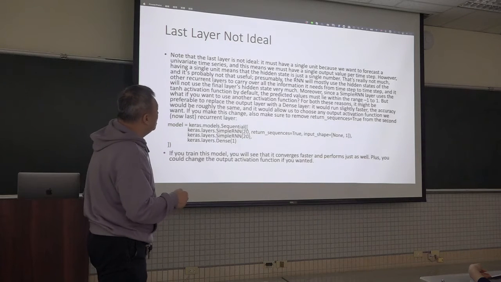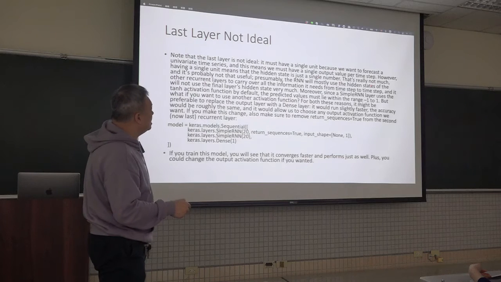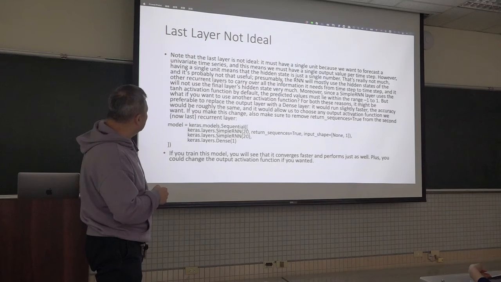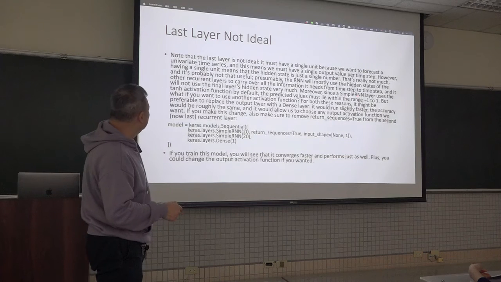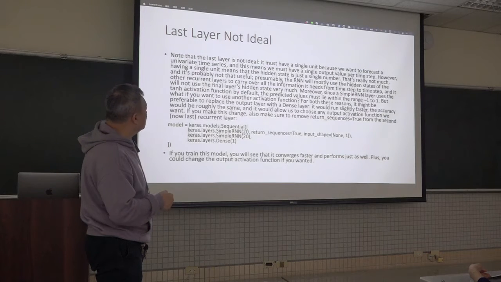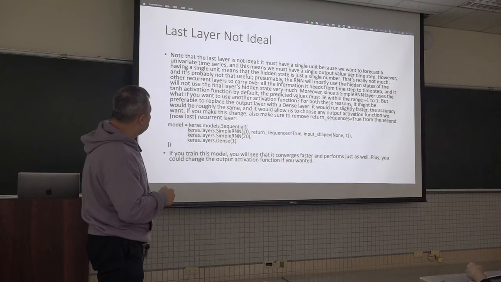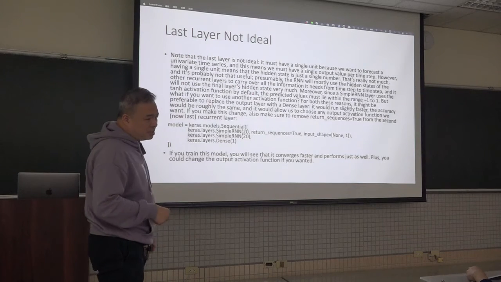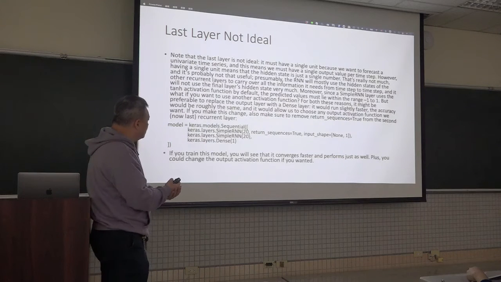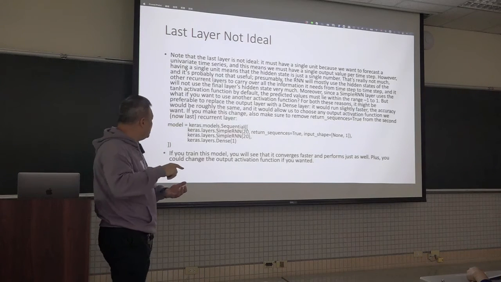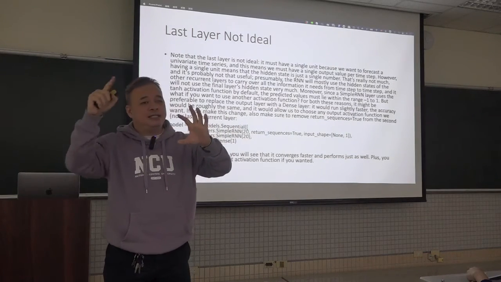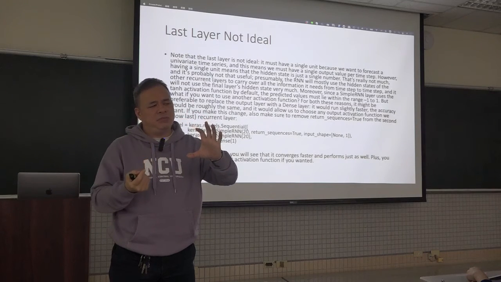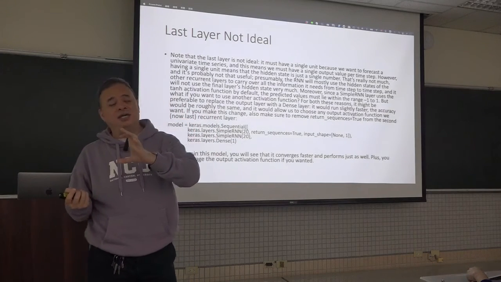Because RNNs will mostly use the hidden state of the recurrent layers to carry over all the information from time step to time step, so it will not use the final layer's hidden state very much. That final layer's hidden state is kind of a waste, and having the feedback mechanism in the last layer is also useless.